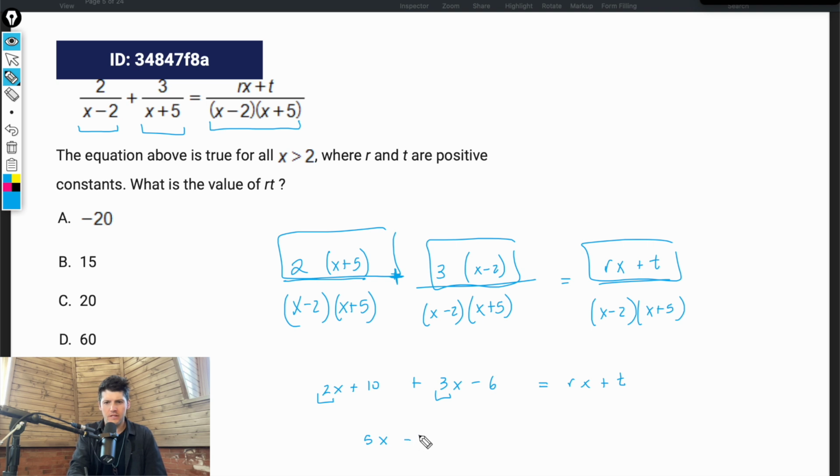That's rx plus t. And the last thing they're asking for is just the product of r, which is 5, and t, which is negative 4. So that's negative 20. By the way, when you've got the right answer, you oftentimes can recognize traps. I see why positive 20 is there, if you forget to include this negative sign as part of what t is. Let me get rid of that.